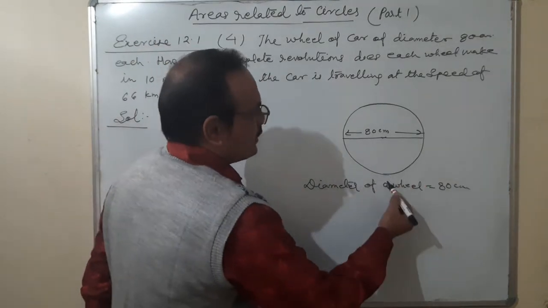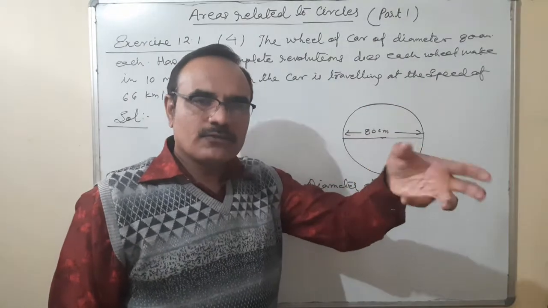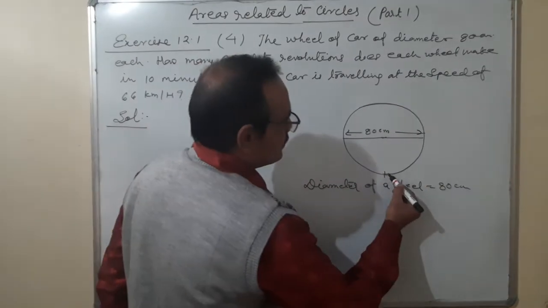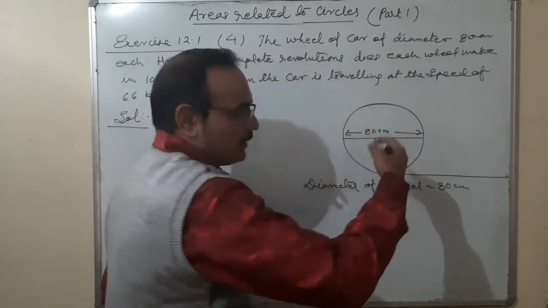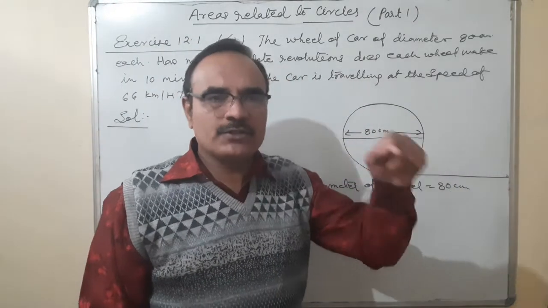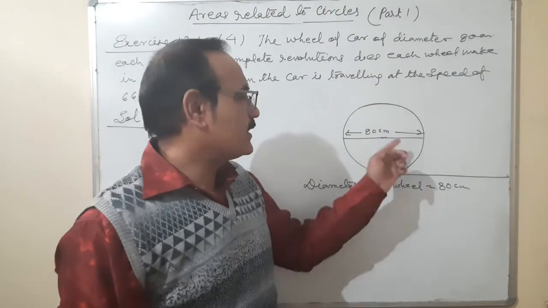Suppose this is a wheel of a car. When I start rolling this wheel like that, it will start from here. And when it completes one revolution, what does it mean? It will cover one circumference of a circle.